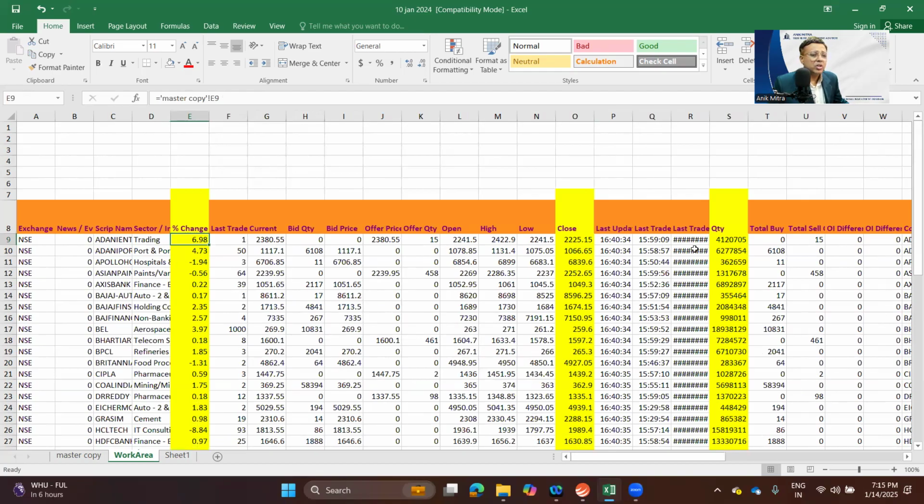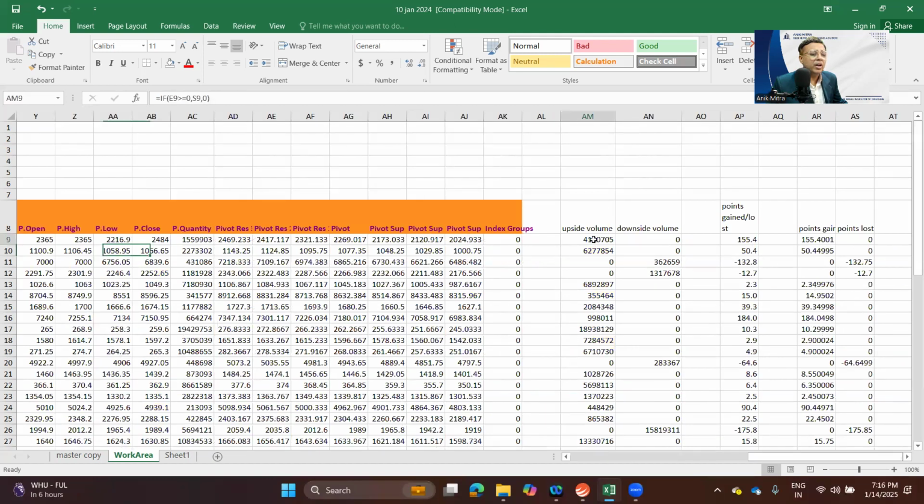Its quantity is some 41 lakh, so this 41 lakh volume should be considered as the upside volume for Adani Enterprise as the closing is positive. If the closing is negative, let's say for Apollo Hospital, it is 1.94% negative, so the volume created, 3,62,000, must be considered as downside volume.